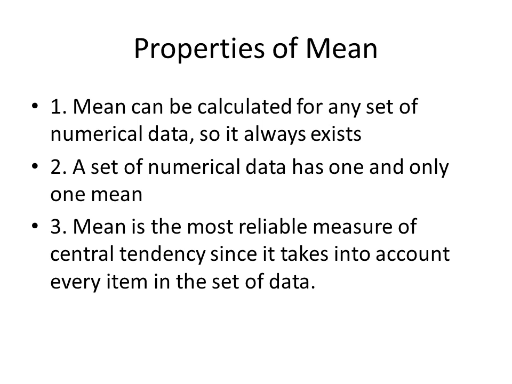Mean is always existing. So a set of numerical data has one and only one mean. So it's not like bimodal or something like that. Then mean is the most reliable measure of central tendency since it takes into account every item in the set of data.